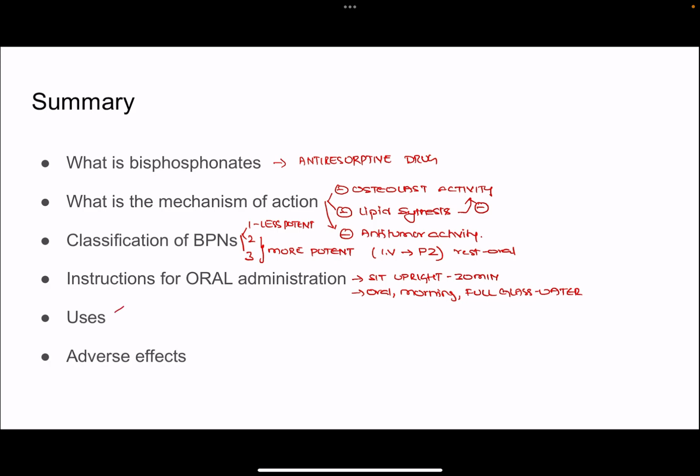And what are the uses? They are used in 4 conditions. One is in case of osteoporosis, in case of Paget's disease, in case of hypercalcemia of malignancies, and in case of osteolytic bones in case of malignancy or carcinomas.